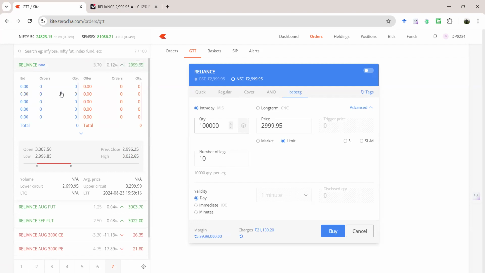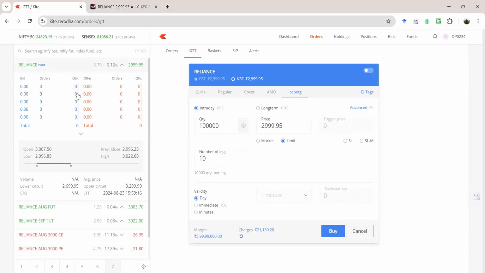But if you split this, then only 10,000 quantity will be visible at a time. Once that order is executed, the next 10,000 quantity will become visible, and then the next 10,000. This way, the large quantity will not be visible and people will not know that we are trying to buy.